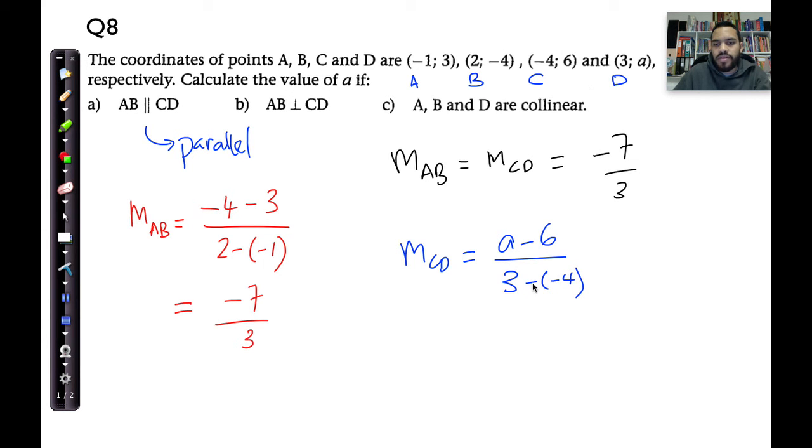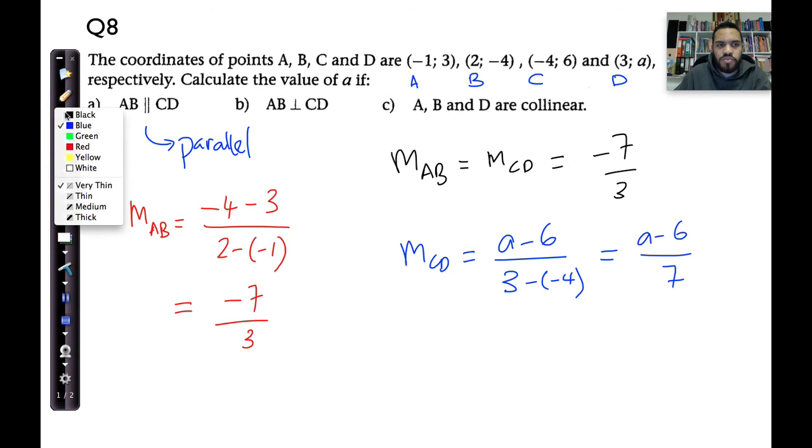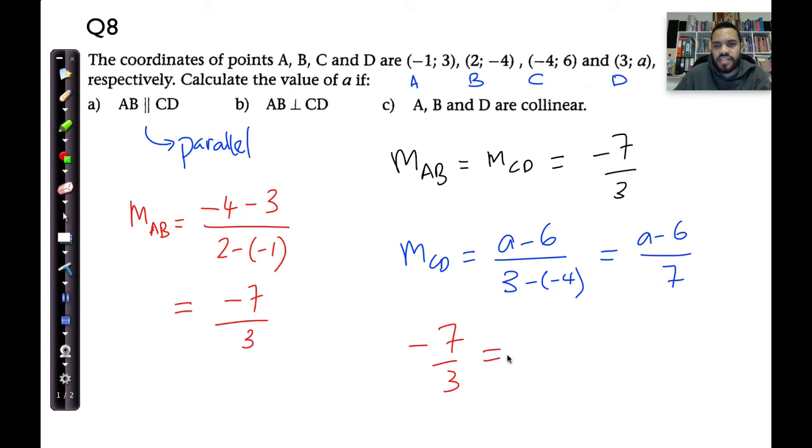That's going to give me a minus 6 over 3 plus 4, which is 7. Now you may be thinking, well, Imad, you've got a unknown and you've also got m_CD unknown, but that's not true, because I know m_CD. That's -7 over 3, which is equal to a minus 6 divided by 7. And now I can solve.